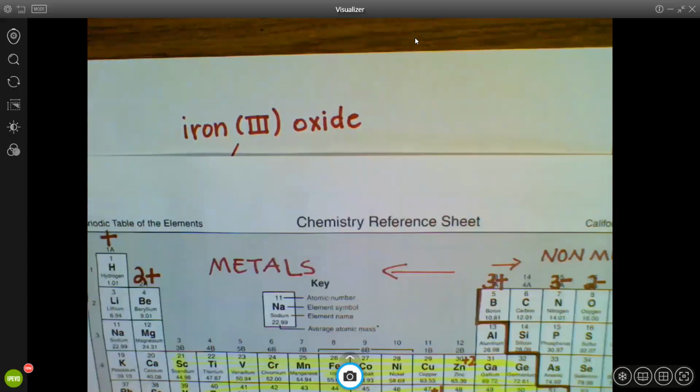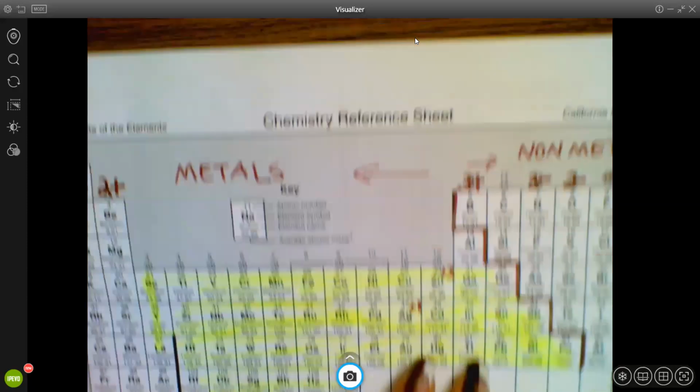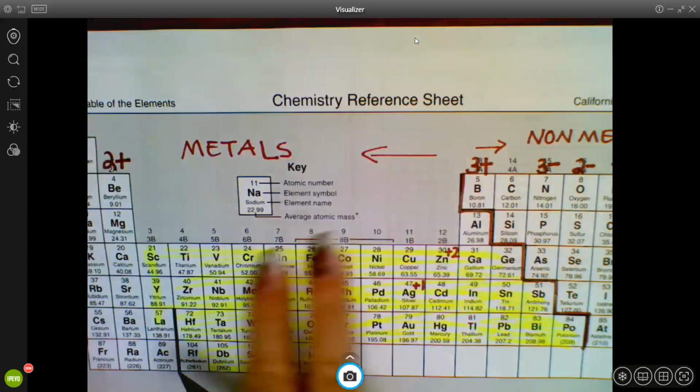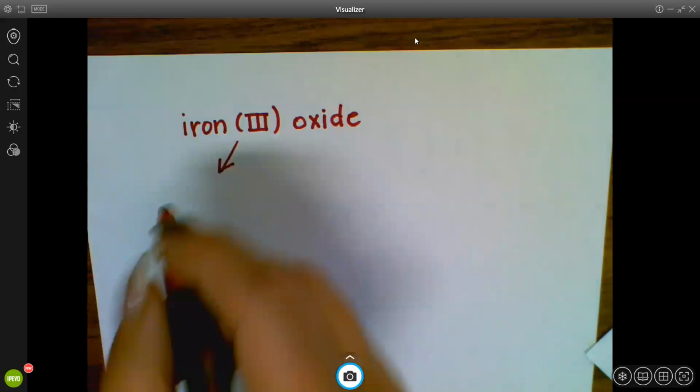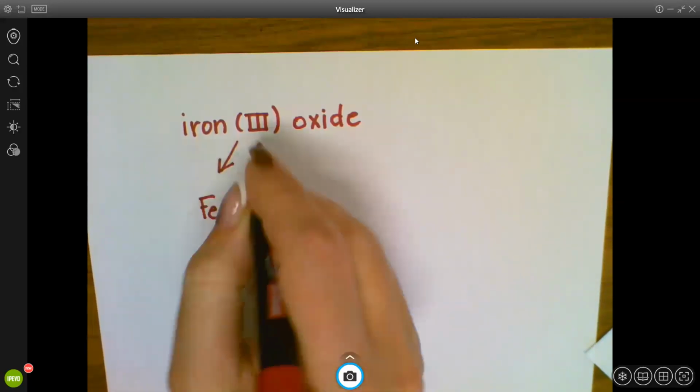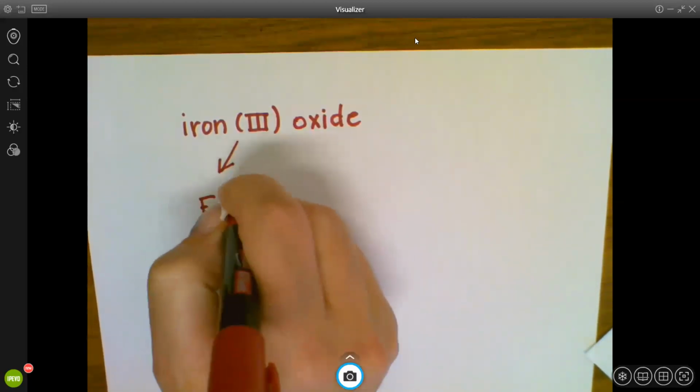Now, because it has a Roman numeral, we know it's multivalent, and multivalent will only be in this section here. Iron has one of those funny symbols. It stands for ferrous, so Fe is the symbol. So I'm going to write Fe, and Roman numeral 3 means it has a +3 charge.